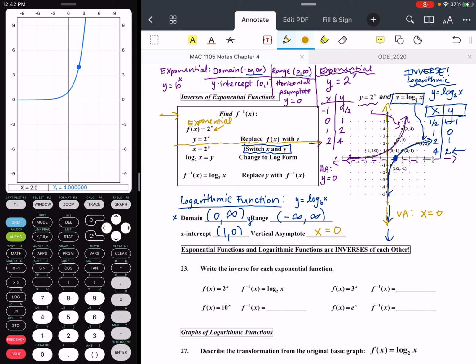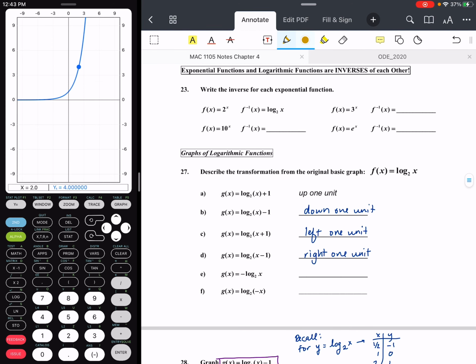And then everything below this line, we're switching x and y and then solving for y to get our inverse function. So we switch x and y to rewrite this as x equals 2 to the power y. And then if you rewrite this in log form, log base 2 of x equals our exponent y. So y equals log base 2 of x, also known as f inverse of x equals log base 2 of x. So we start with an exponential, we get our log function as the inverse.